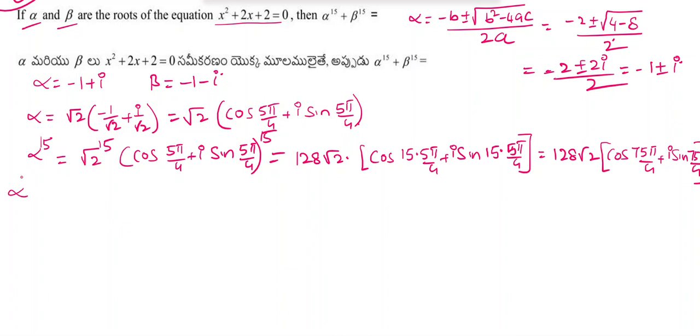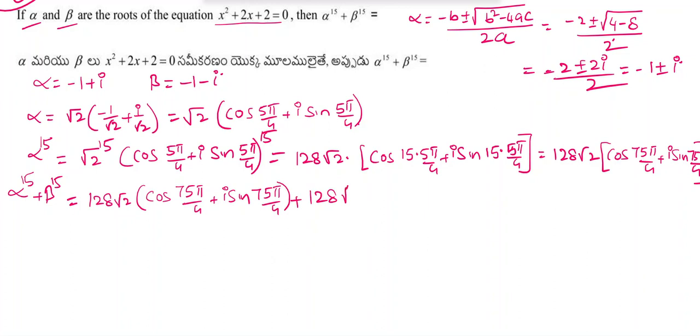Now we find alpha power 15 plus beta power 15, that is equal to 128 root 2 into cos 75 pi by 4 plus i sine 75 pi by 4, plus beta power 15.